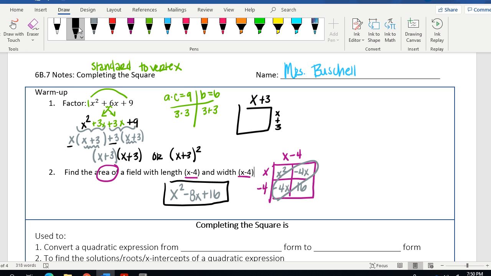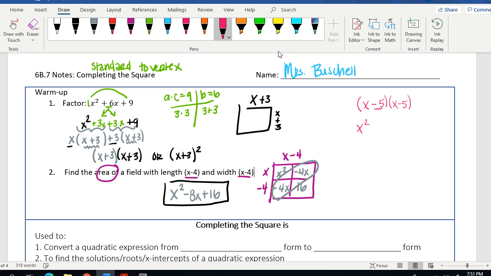This is another perfect square trinomial because again, we started with two binomials that are the same. I'm going to show you a cool trick with perfect square trinomials. If I have x minus 5 times x minus 5, I can quickly create a trinomial. I'm going to have my x squared as my a term.